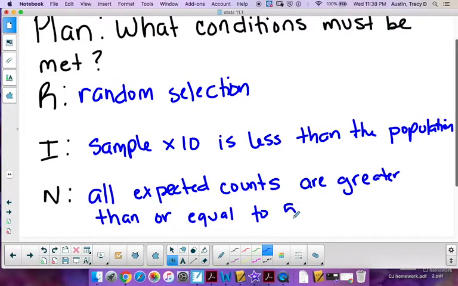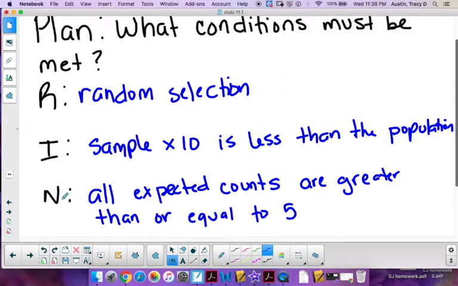Okay, and we'd have the same little twist that we do if somehow one of your expected counts was less than 5 when you were doing your math. You would say proceed with caution. Okay. So, but those are the actual conditions.